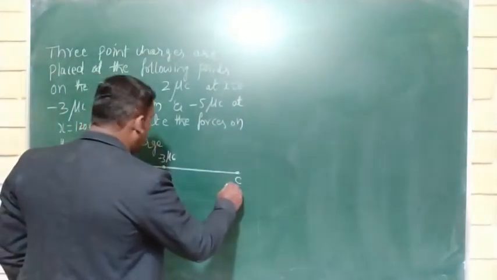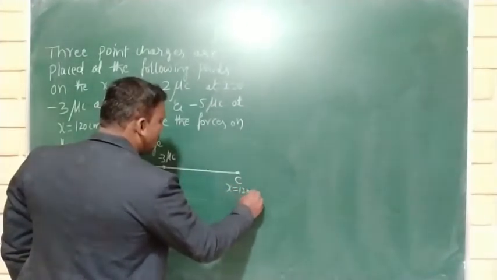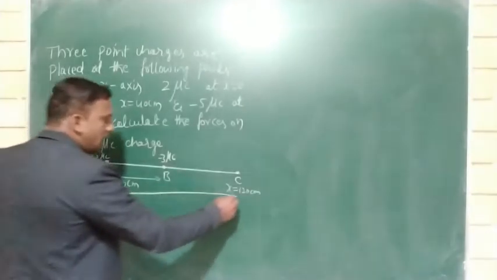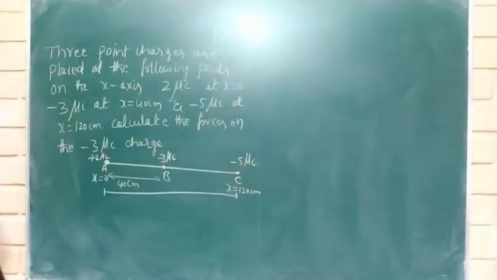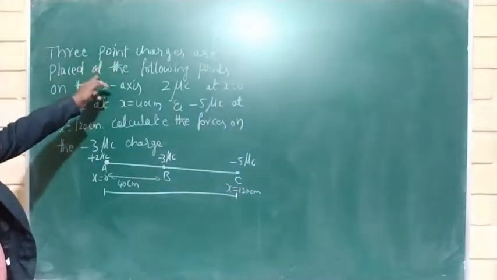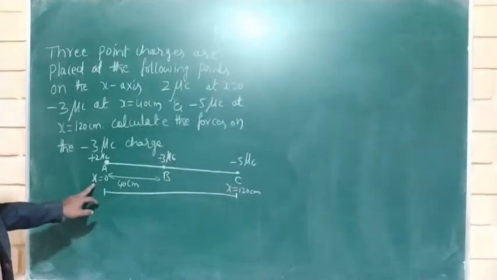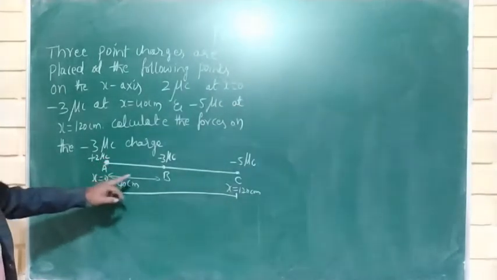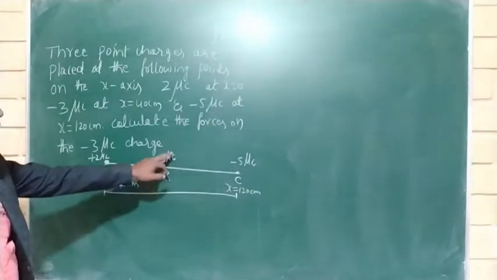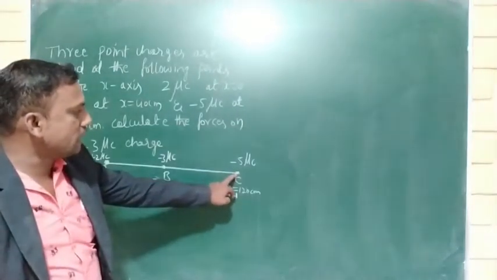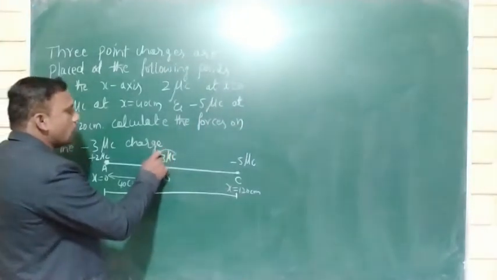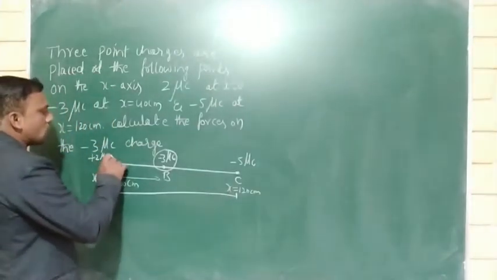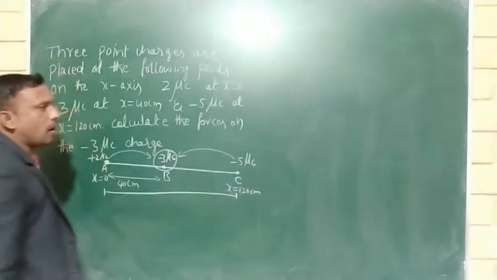And at x equal to 120 centimeter from A, a minus 5 microcoulomb charge is placed at point C. Therefore, calculate the force on the minus 3 microcoulomb charge due to the plus 2 microcoulomb charge and also the minus 5 microcoulomb charge.